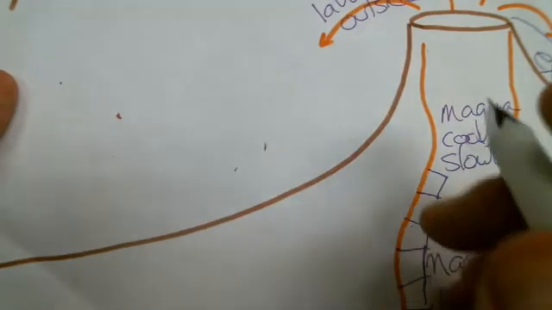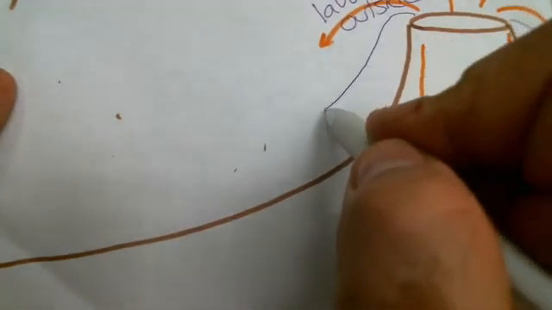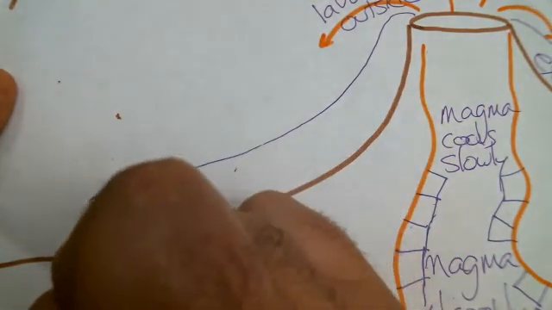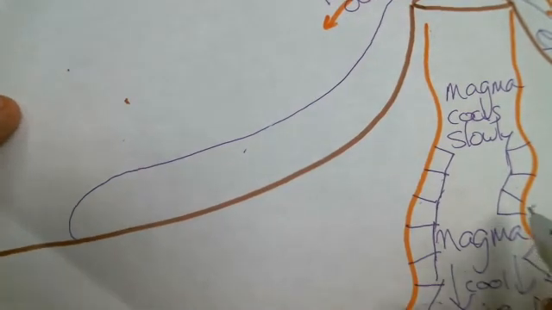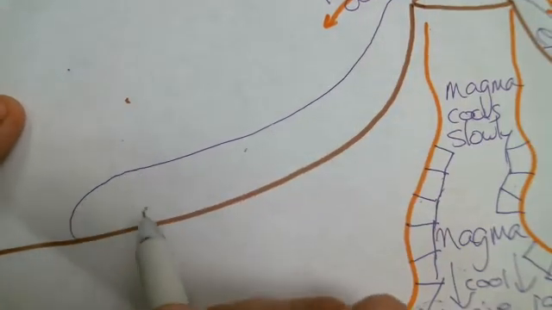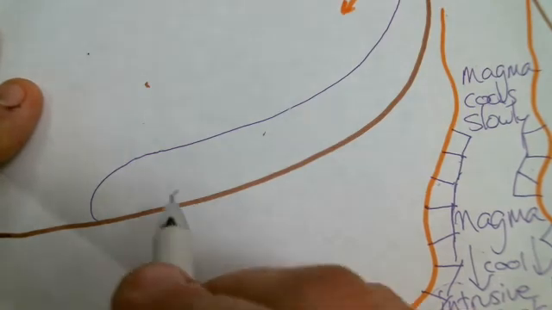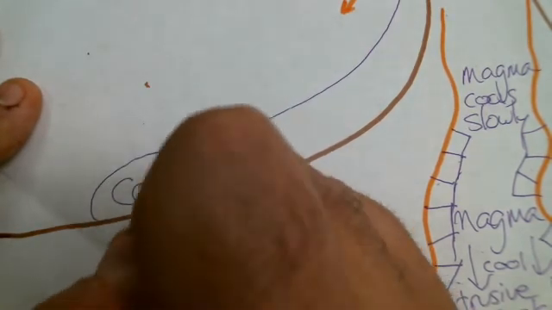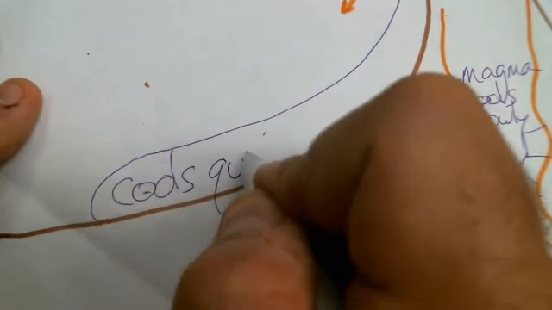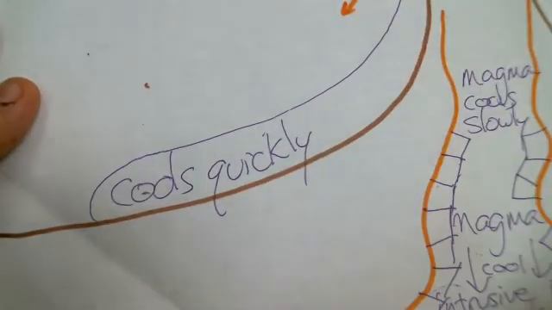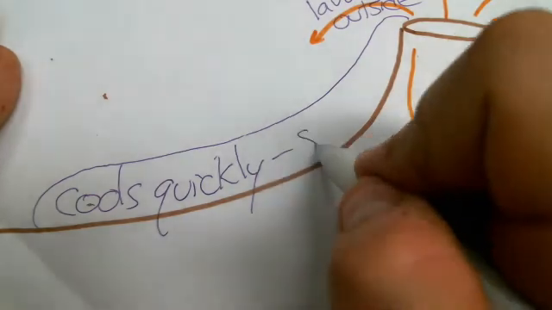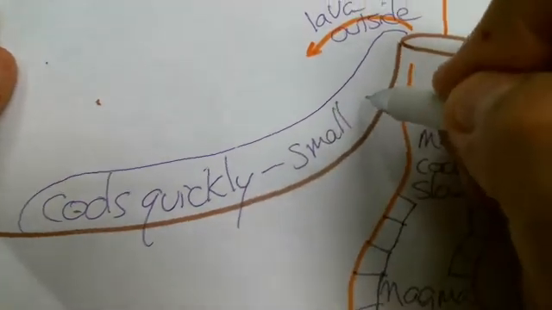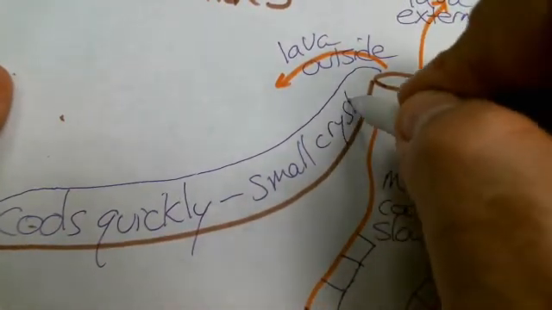On the other side, we're also going to have the lava flowing down. And we're going to write some stuff in this. We're going to write that as the lava flows and it's in contact with the air, it cools quickly. And so we have small crystals.